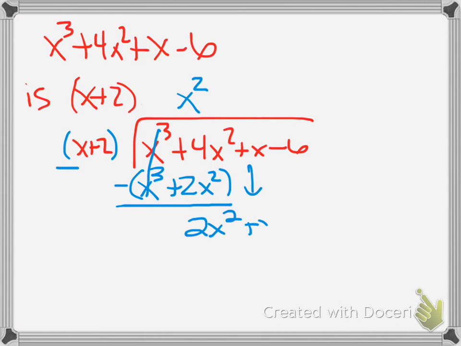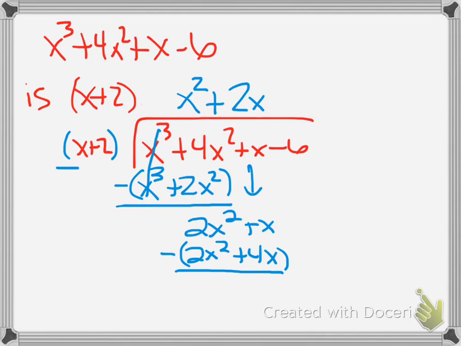We'll bring down the x this time. X times what is 2x squared? So that's plus 2x. 2x squared plus 4x. And again, we subtract, always subtracting in division. So x minus 4x, that's negative 3x, minus 6.